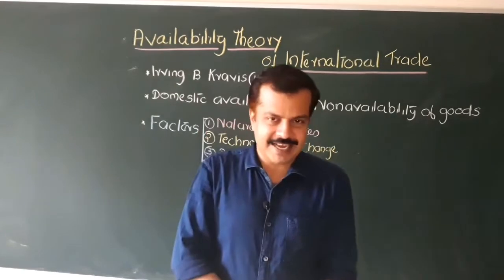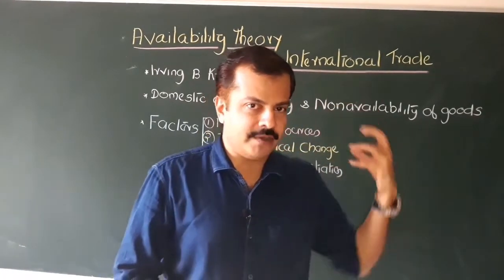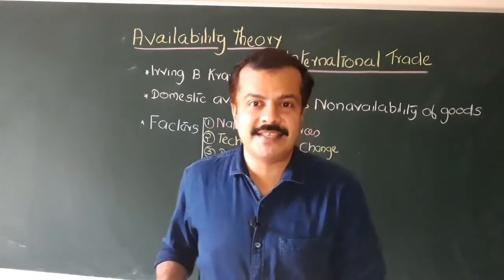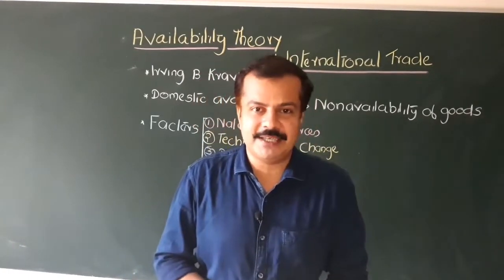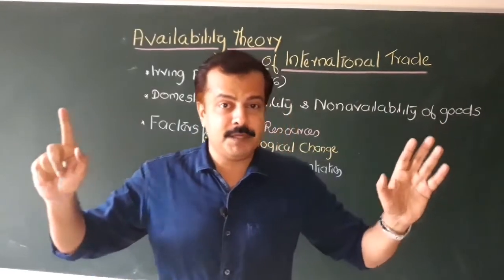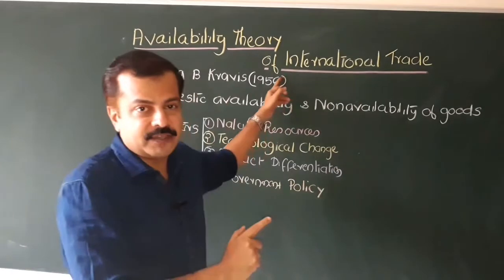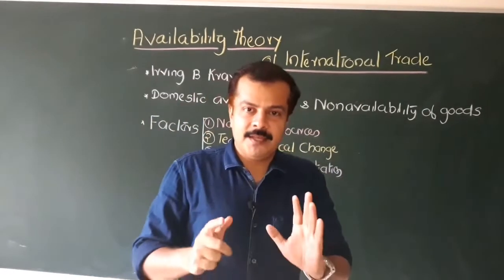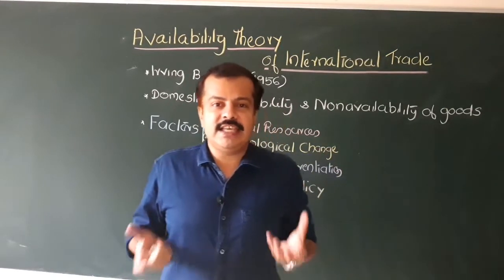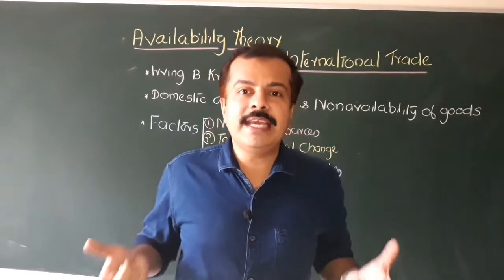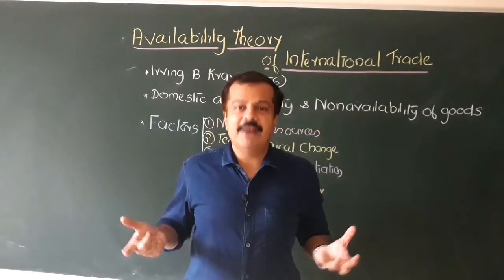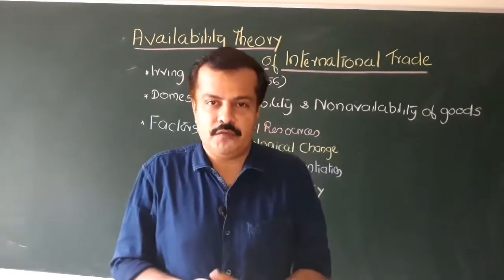It's an extension in the sense that our traditional trade theory, the Heckscher Ohlin model, says that it is factor endowment and factor intensities that influence the pattern of trade. So even though there are a number of similarities between the Heckscher Ohlin theory and the Kravis theory of availability, Kravis pointed out that the pattern of trade is influenced by availability and non-availability of commodities, availability and non-availability of goods.